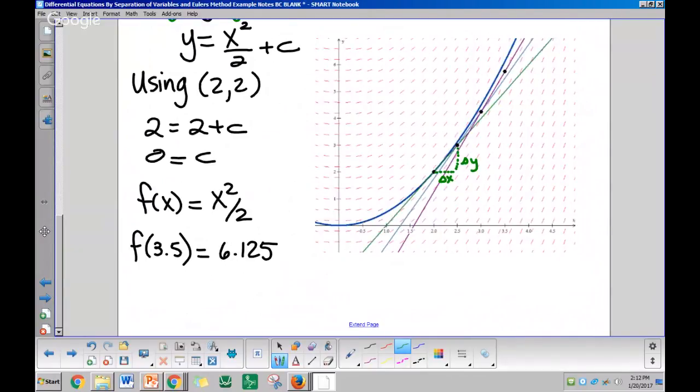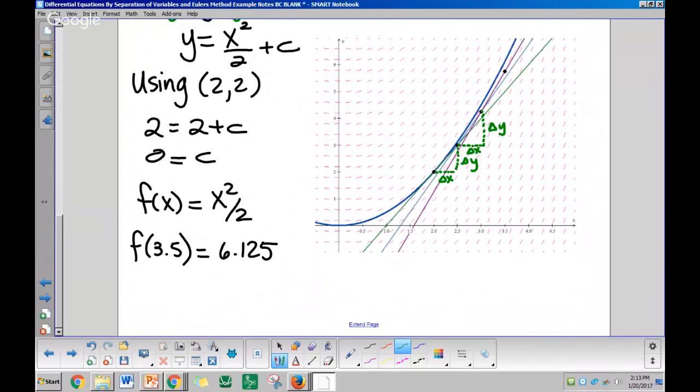Then I calculated a new slope based on the x value on that derivative, and went over another delta x, and then up the approximated delta y.